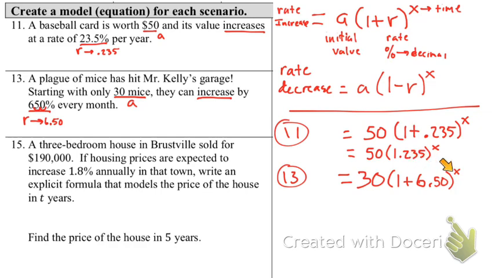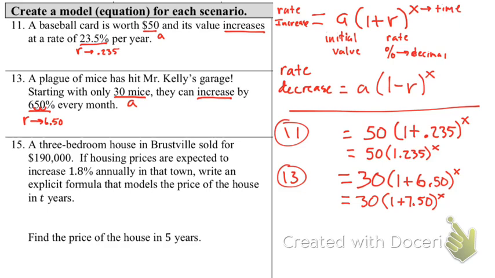We can still leave it as X, but it stands for month. As long as you know that, we're good. Clean this up. 1 plus 6.5, that's 7.50. So my final equation is 30 times 7.50 to the X. Until they tell us how many months, we really don't have to solve this out. So that's our months there.